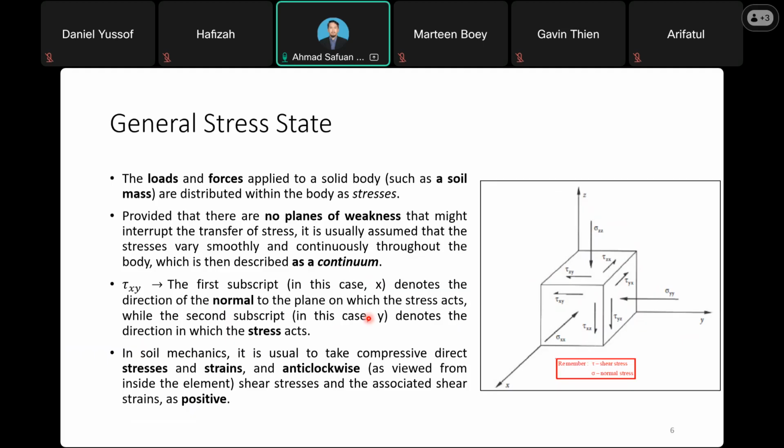Compressive is related to how we compress soil, and there will be another action of tension. If tension, it is related to clockwise and we may consider it as negative. So it depends.